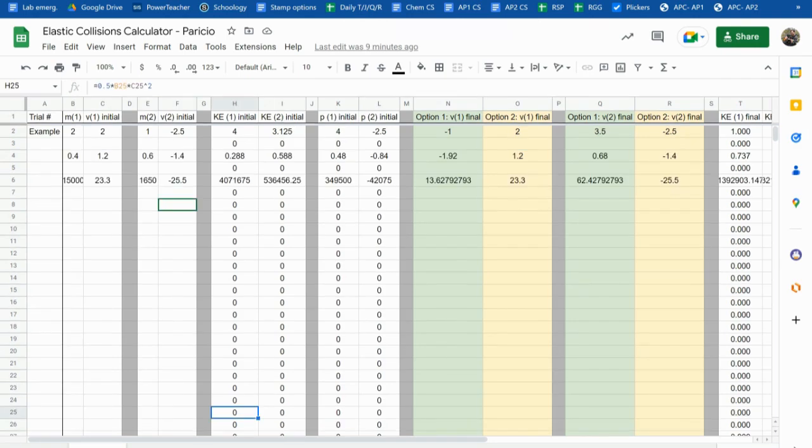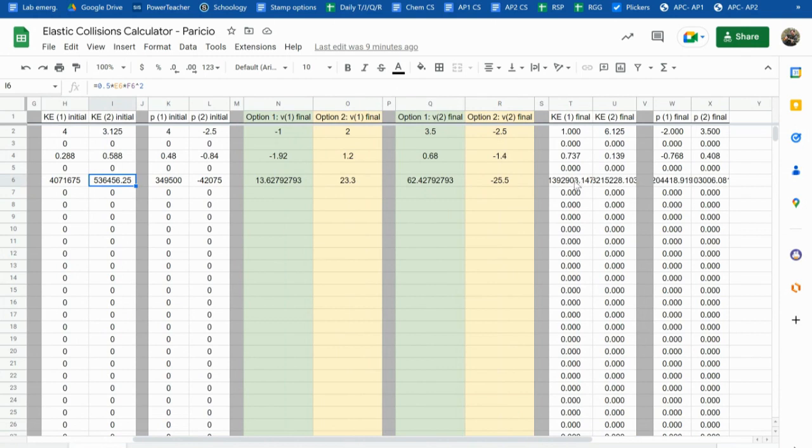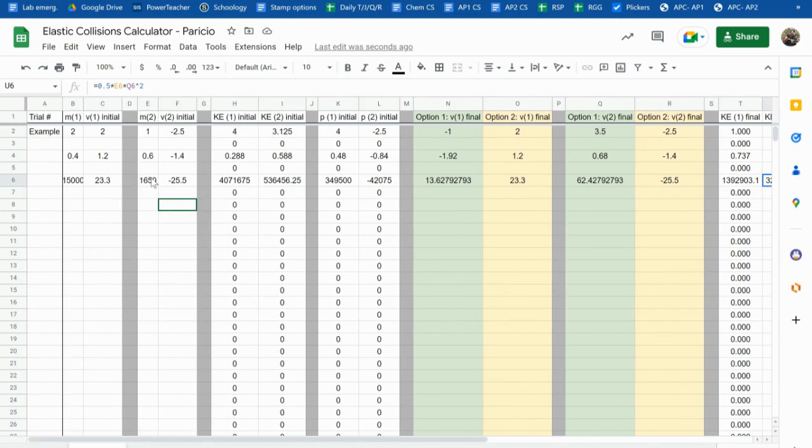Well, what's really nifty on this collision spreadsheet that I have, I show you exactly how much energy there is. That's our initial kinetic energy of object 1, our initial kinetic energy of object 2. And then over here, I have our final kinetic energy of object 1, final kinetic energy of object 2. This gives us the final kinetic energy of the sedan in joules, because object 2 was the sedan.